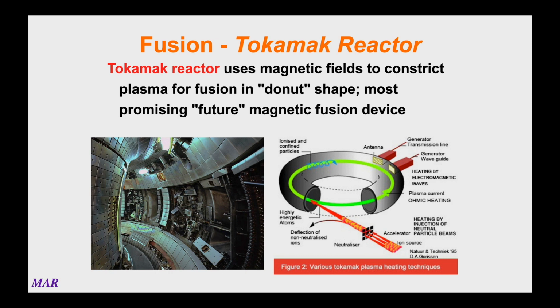People are trying to make usable fusion power, because if they could, the energy created would be fantastic. There are various groups around the world trying to create a fusion reactor that would create sustainable fusion, which we could use for energy, which would heat our water, make electricity, et cetera. One of the more promising possibilities is what they call a tokamak reactor.